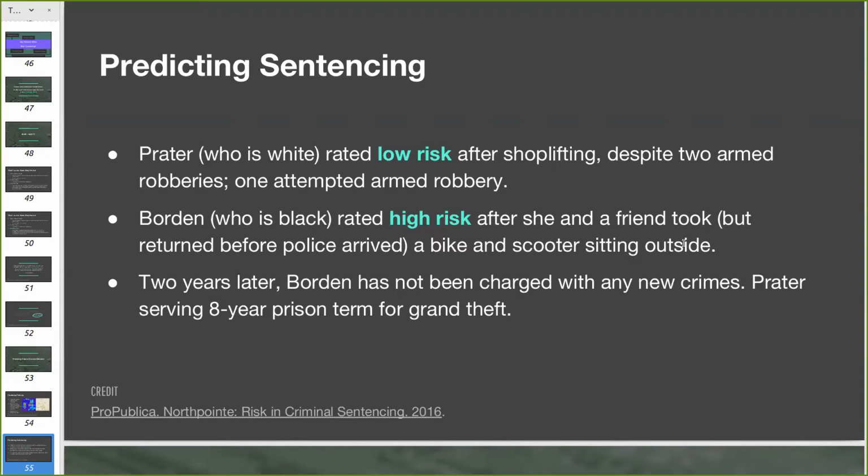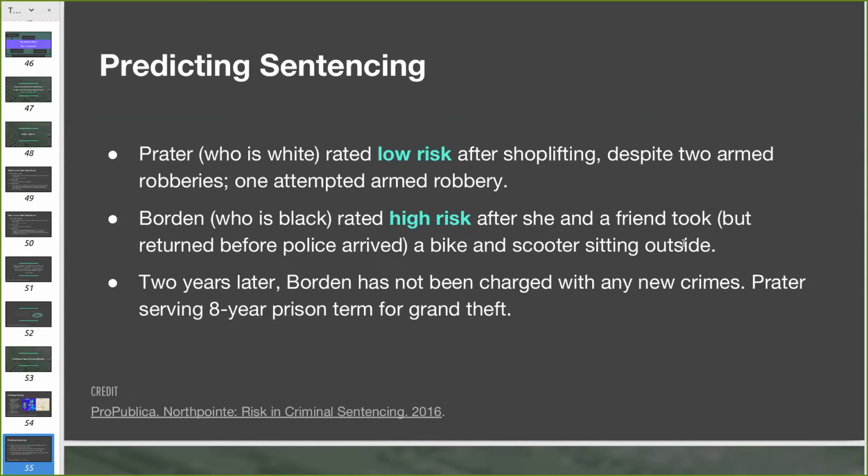On the other hand, there's another girl, Borden, who is black, and she was given a high score for the risk factor. But the crime that she has committed is that she and her friend took a bike which was outside, but before the police arrived, they had returned it.